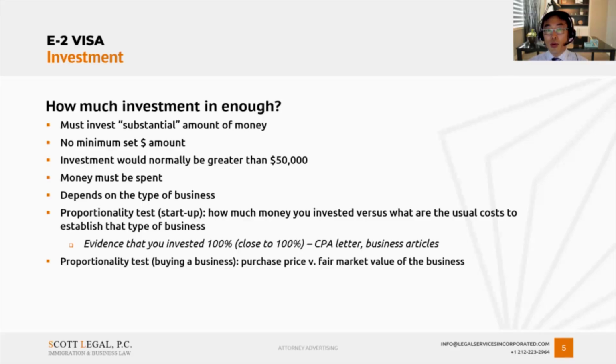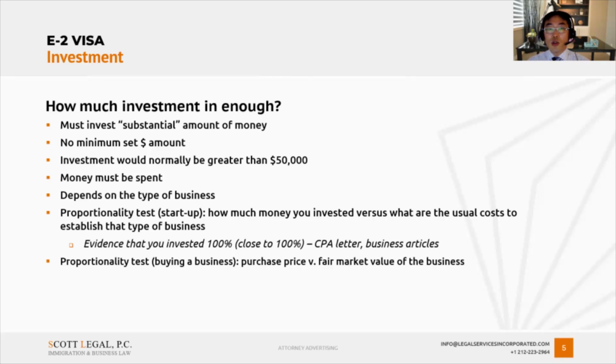Sometimes the government applies what is called the proportionality test. This usually comes up in a very large investment situation, like a $1 million pharmaceutical factory. In that case, you may not need to spend 100% before you apply, because the investment fund is so large that it's pretty much impossible to spend all the money.